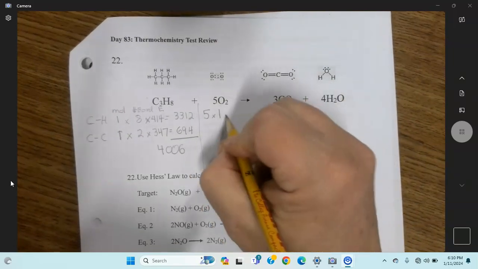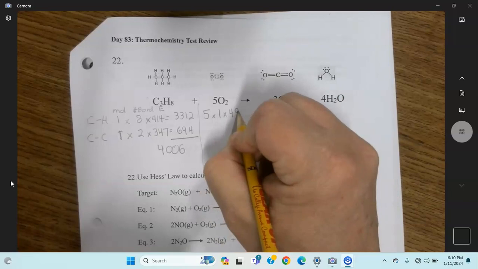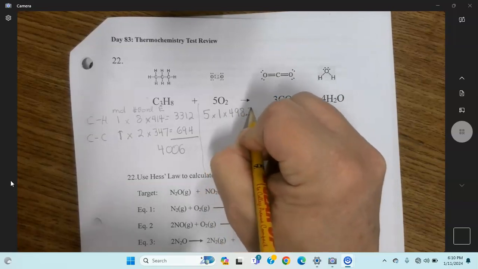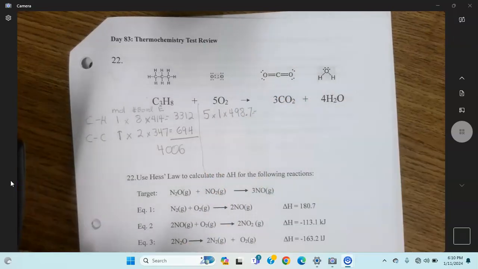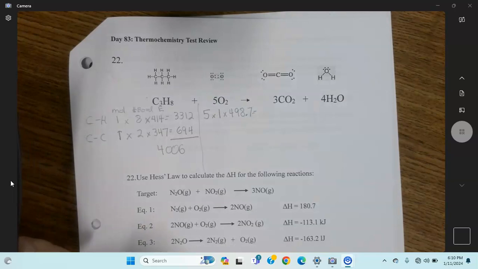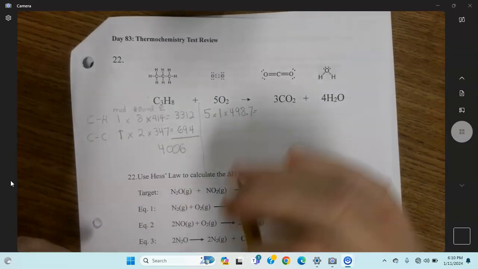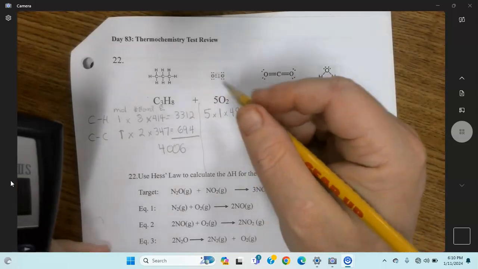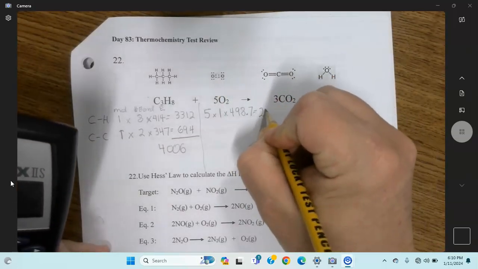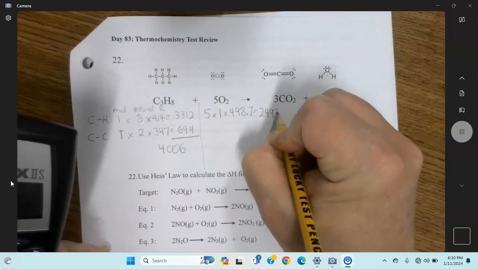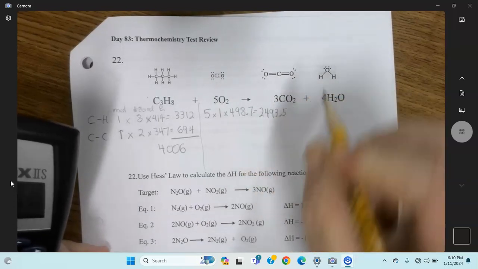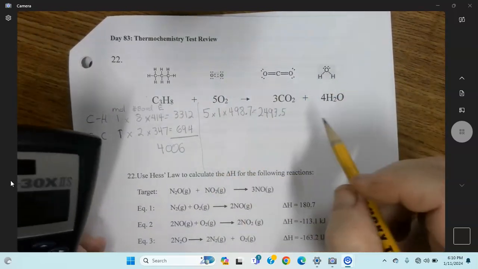That's the number of bonds times 498.7, and that's going to equal 2,493.5. Okay, and we're done with that. That's all we have there.